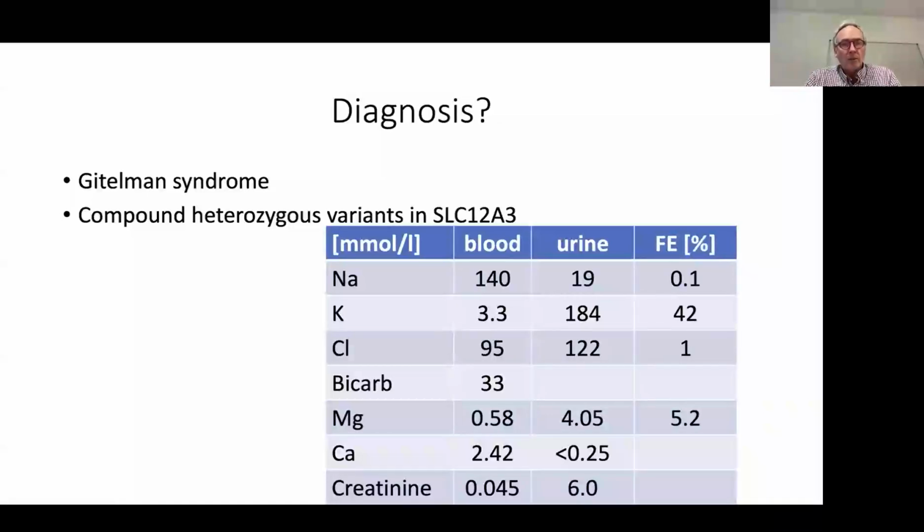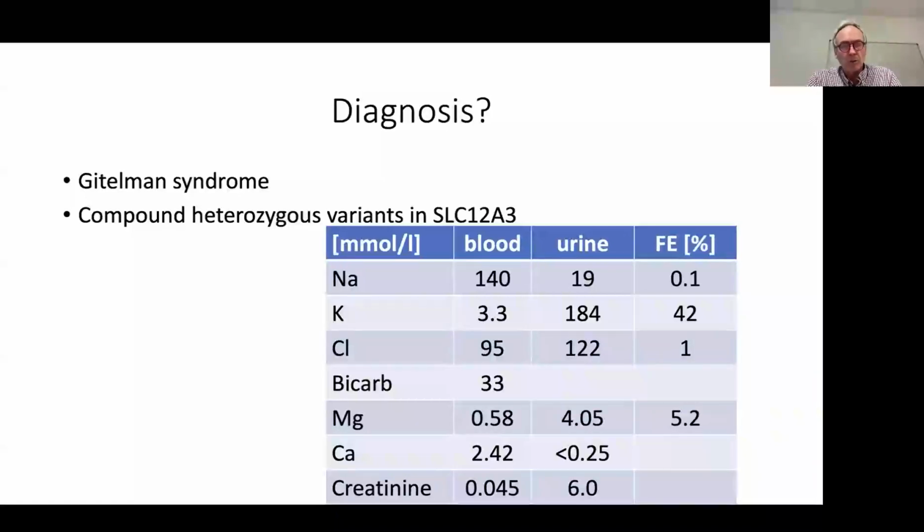You cannot lose constantly more sodium than what's coming in, because then you will die of hypovolemia. And if you have a defect in a salt transporter, like the sodium chloride transporter here, in the beginning, you will lose sodium, just like when you start a thiazide, it would be the same effect.